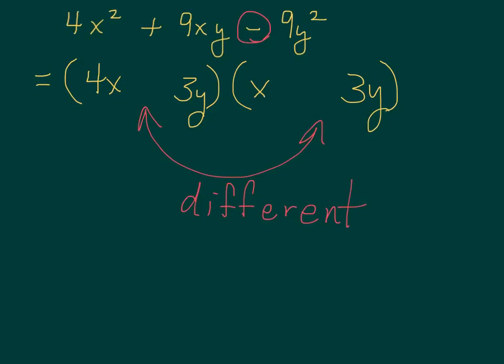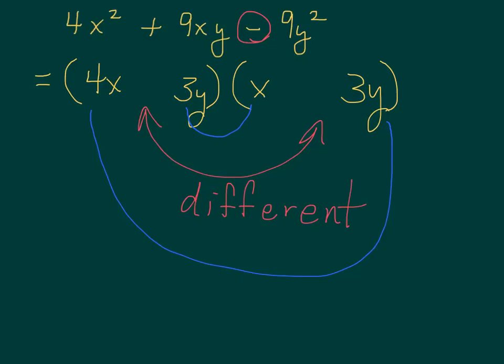So if you check the outside and inside pieces of the FOIL process, because really that's all you have to check, is the outside and the inside. So the outside, 3y times 4x would be 12xy, and the inside, 3y times x would be 3xy.